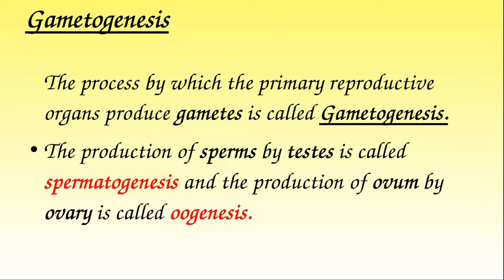Okay, so gametogenesis is of two types. They are spermatogenesis and oogenesis. So the production of sperms by testes is called spermatogenesis, and the production of ova by the ovary in females is what is called oogenesis. So you know what is gametogenesis and what are the two types of gametogenesis.